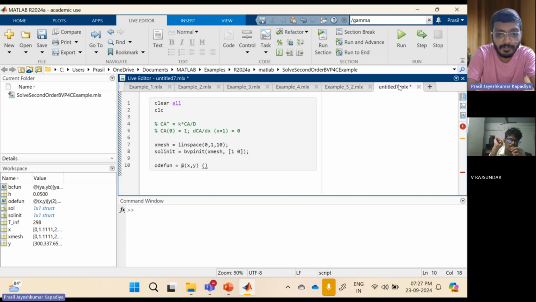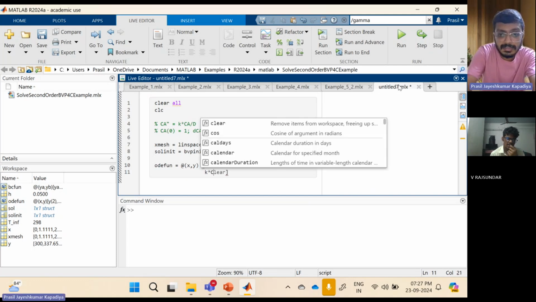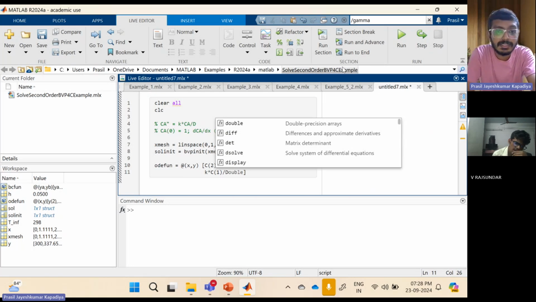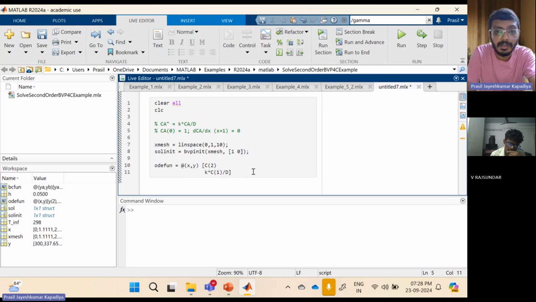My equation is, I need to use square brackets, so it is C of 2 and K into C of 1 divided by D. C of 2 means d square Ca by dx square and Ca is my C of 1. So this is my ODE function.